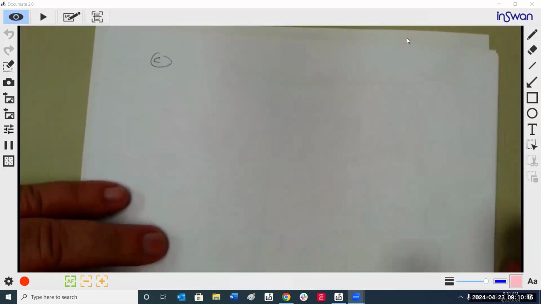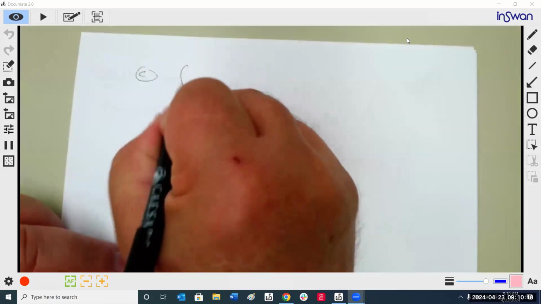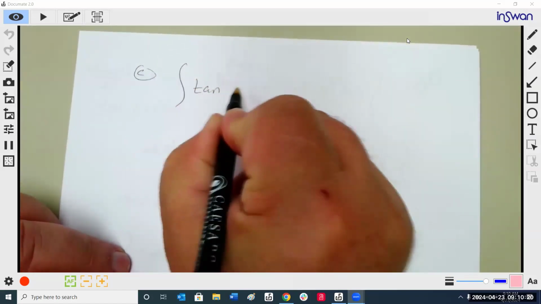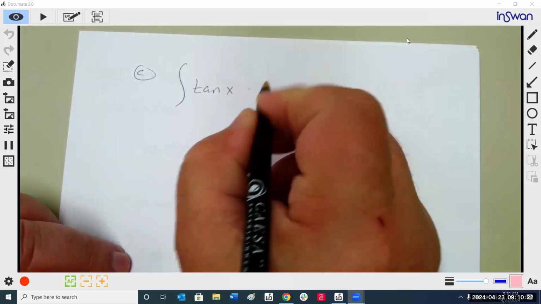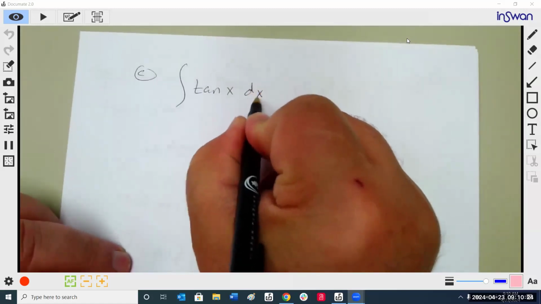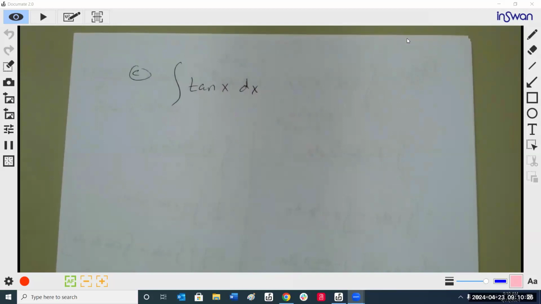Okay, part C. The integral of tangent x dx. If you look at your sheet, what do you get?